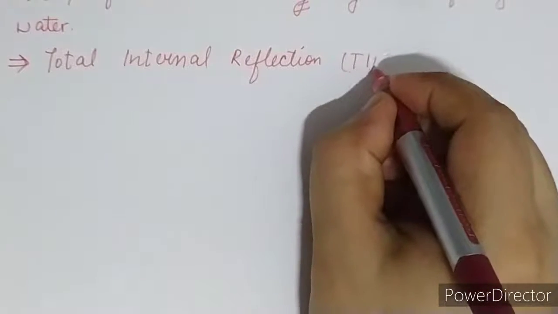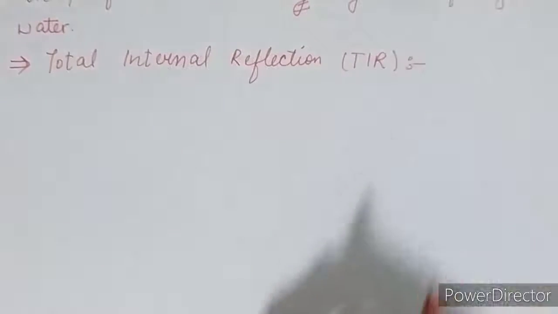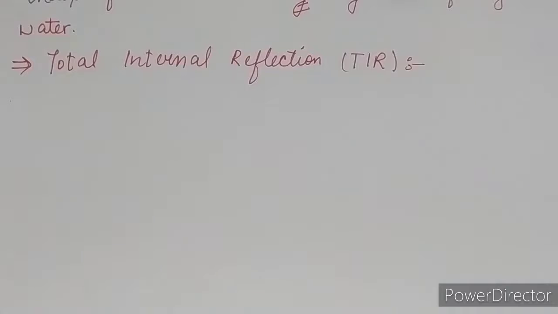This is your TIR, total internal reflection. First of all, I will explain it in normal terms with a diagram. With the diagram only you are able to understand what is TIR, because if I write the theory, then you will not be able to follow it.